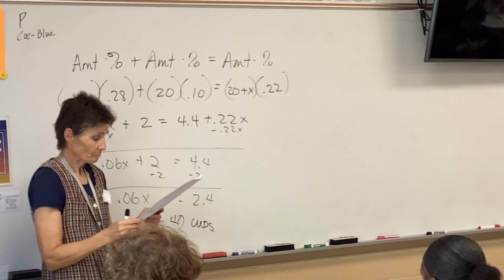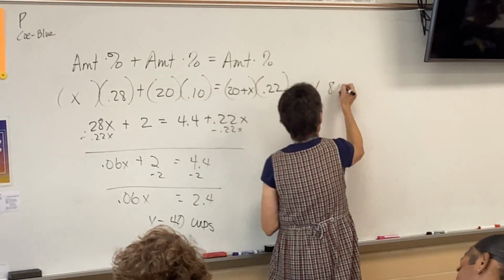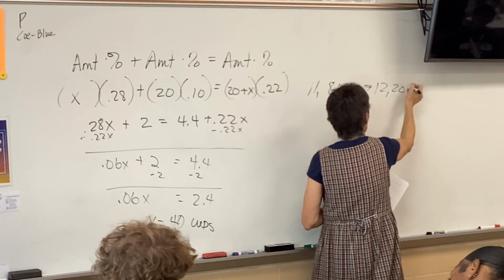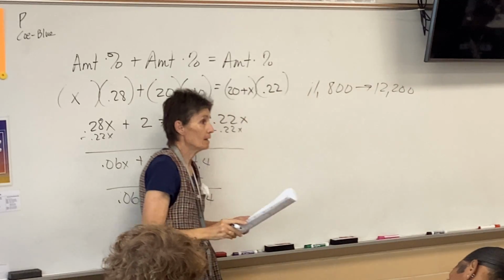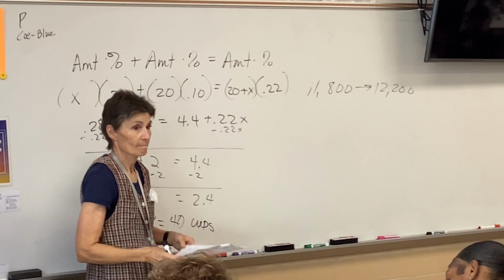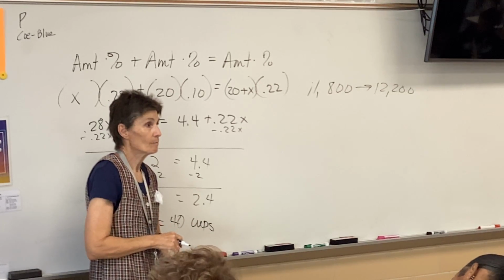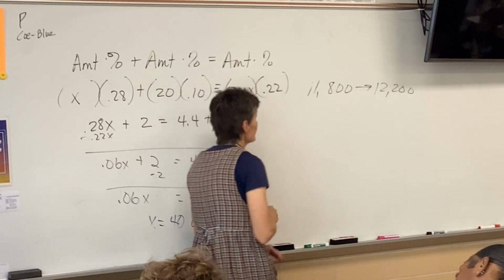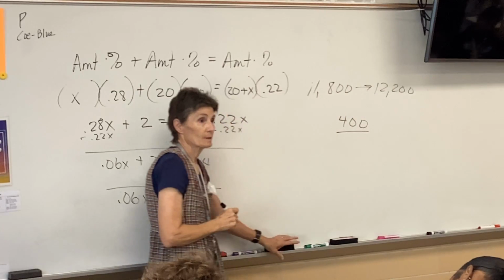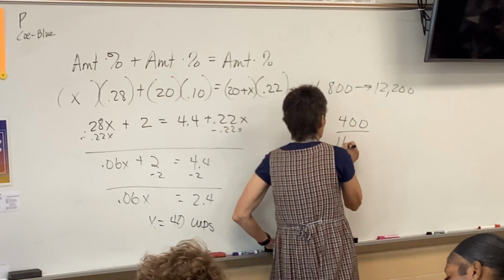All right. Last year, tuition was 11.8. Now it's 12.2. Find the percent of increase. What do we do? Subtract. Find the difference. So the difference would be 400. And then divide it by the bigger, 11.8.